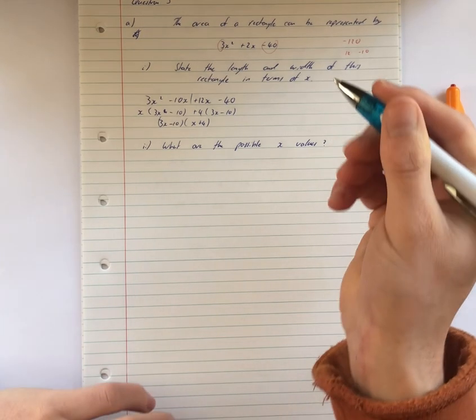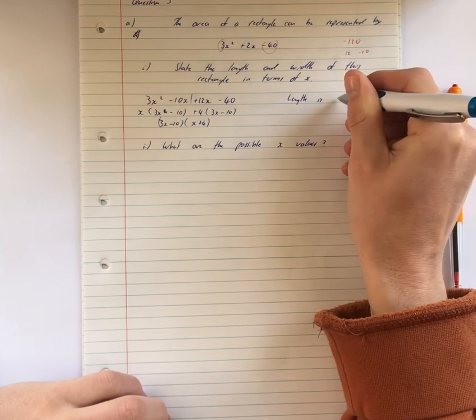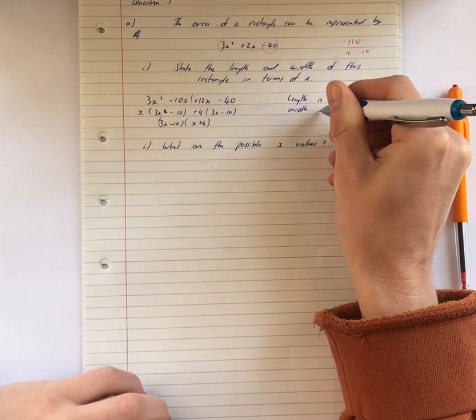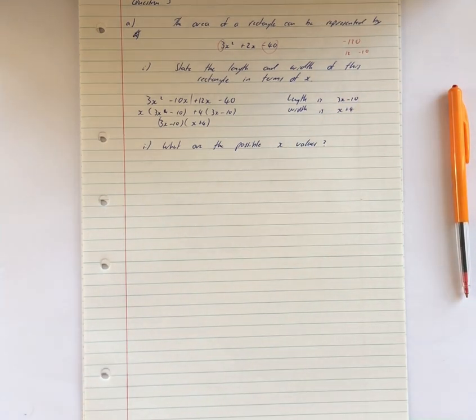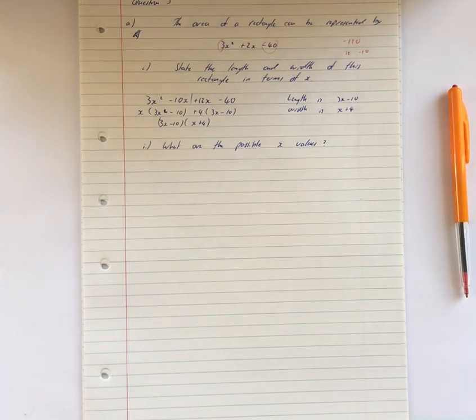So length is 3x minus 10. Width is x plus 4. But they could trade positions depending on the value of x actually.